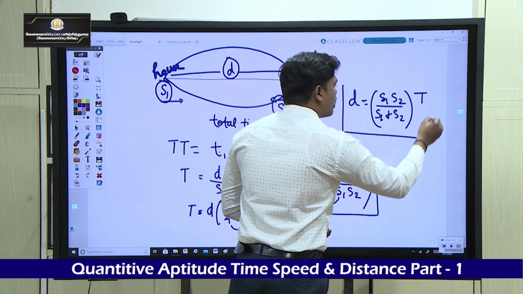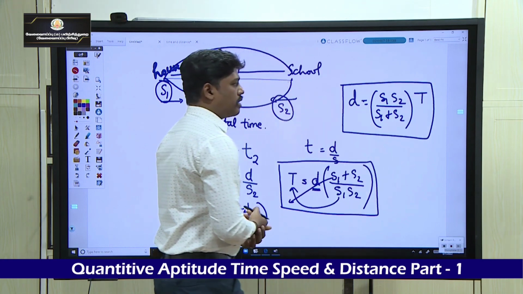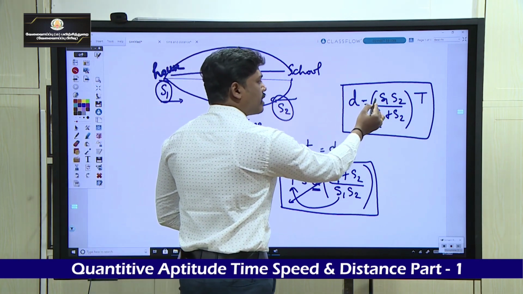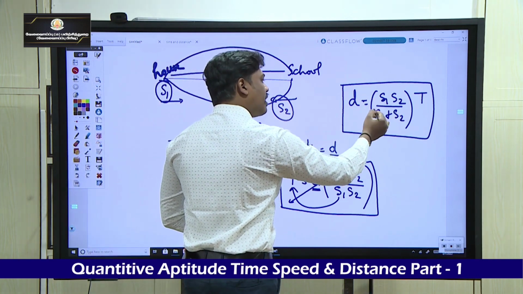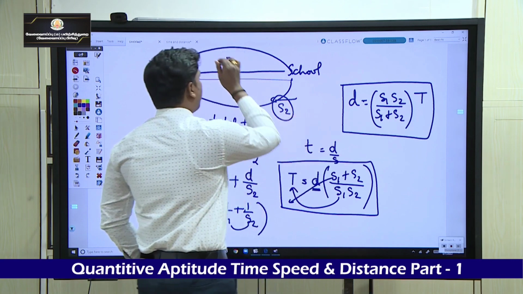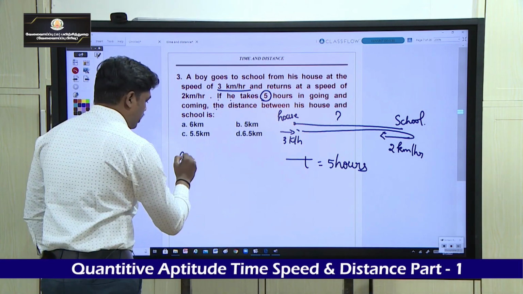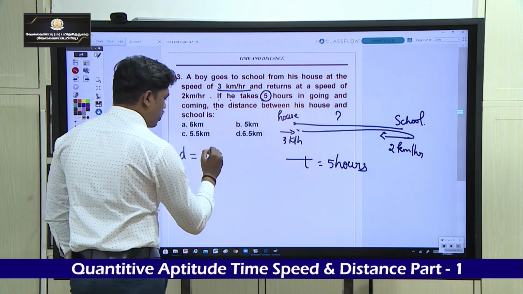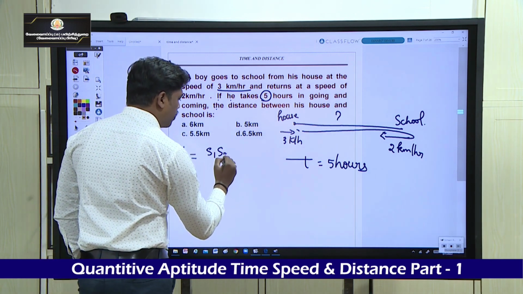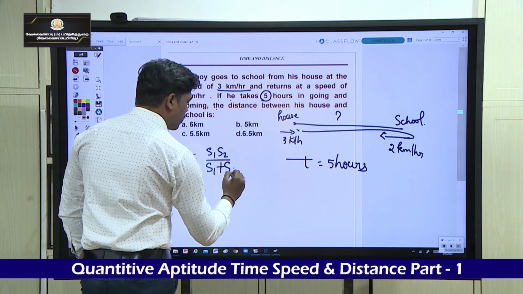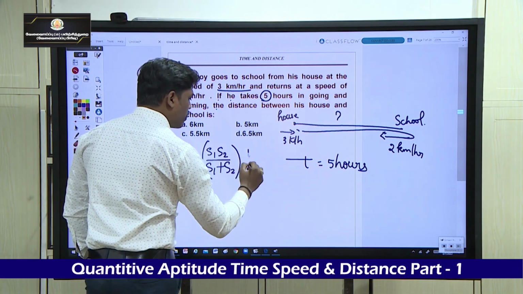So to find distance, this is the formula we are going to use. Distance is equal to S1 into S2 divided by S1 plus S2, into the time.